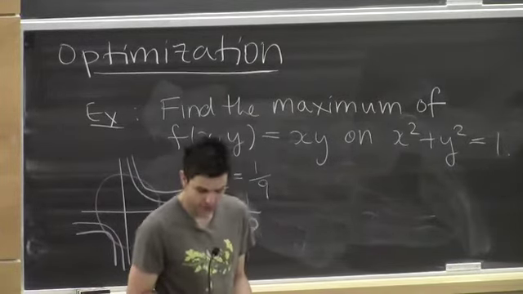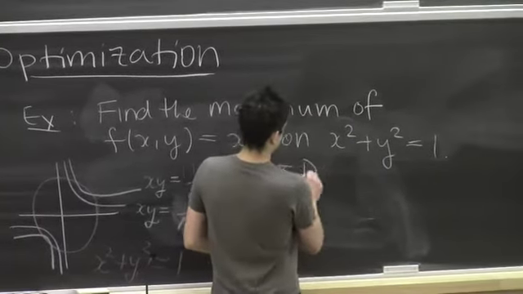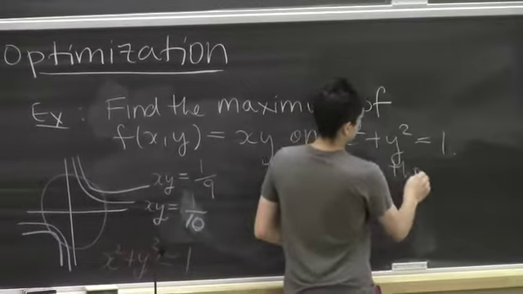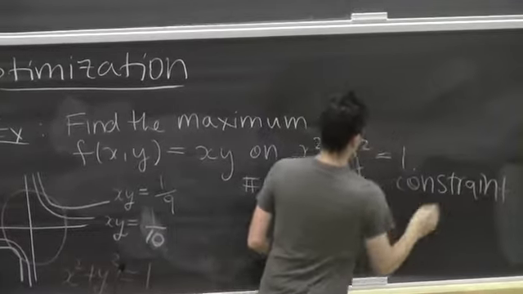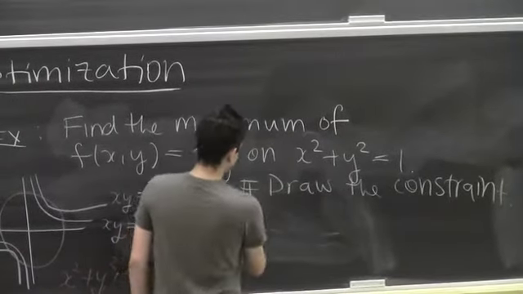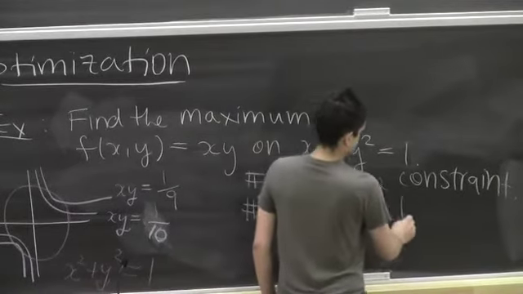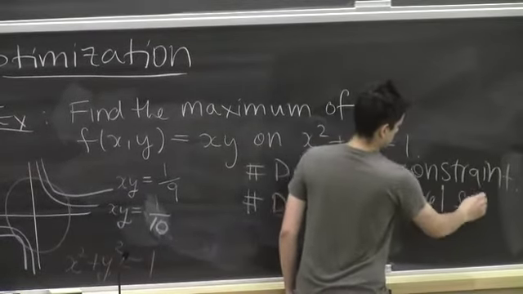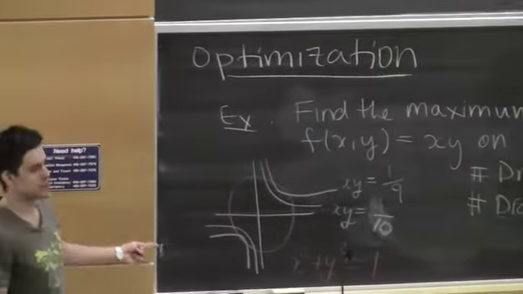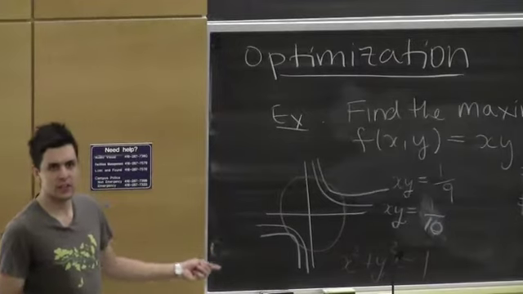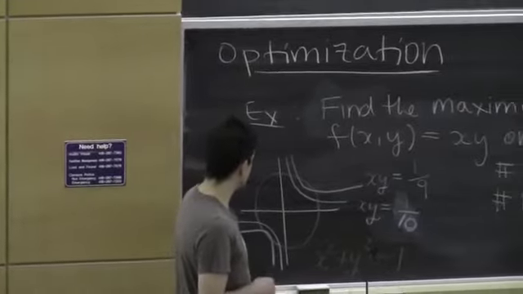Okay, so we've drawn the constraint, which is this guy. We draw some level sets. Okay, but now we're in this funny position. How do we find the point of tangency here? What condition will give us that these guys are tangent?